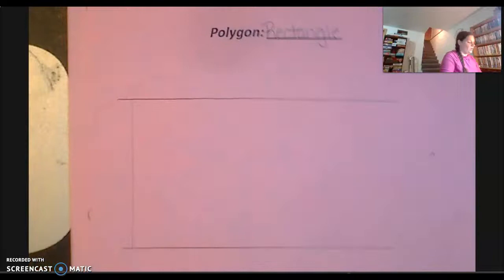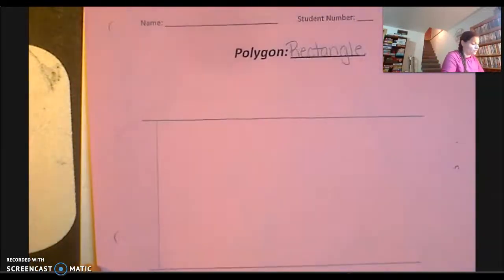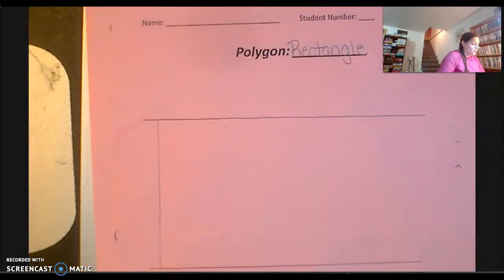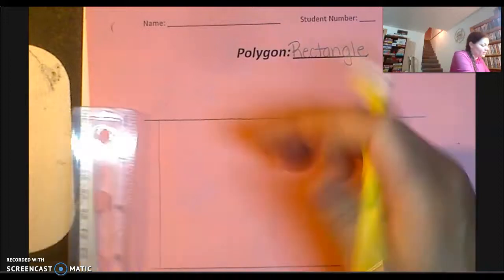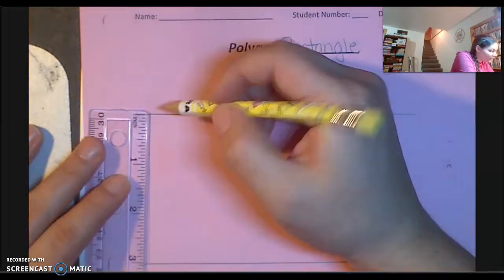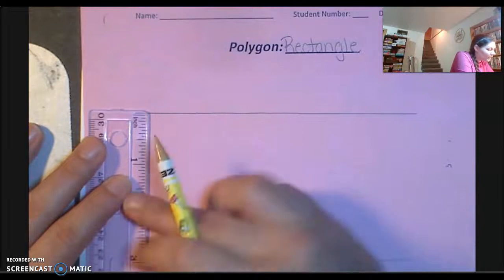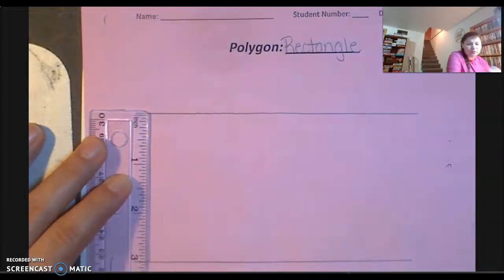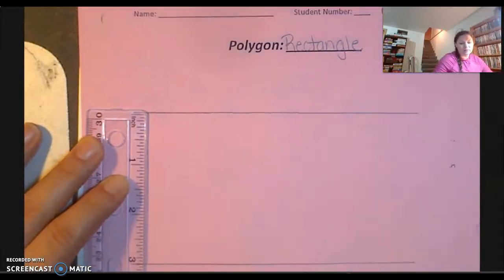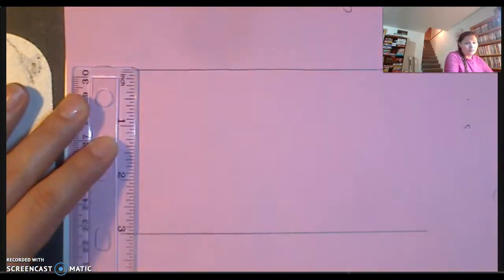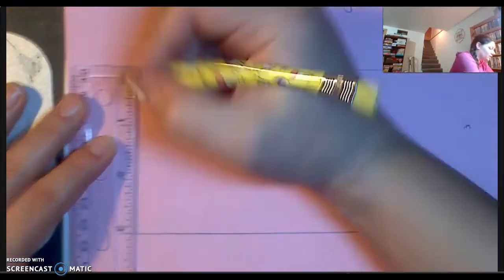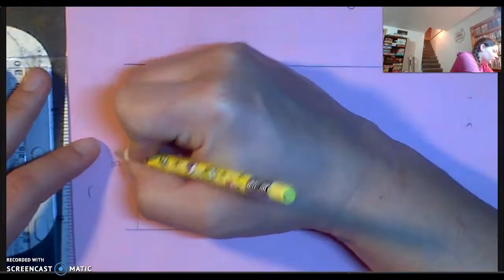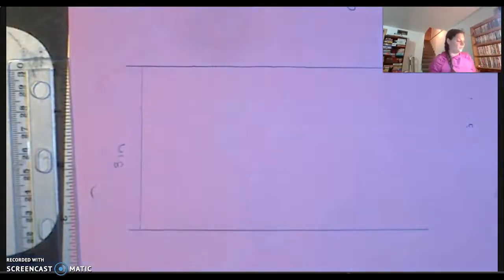So now I've already got most of my rectangle drawn. Here I have a straight line. We're going to go ahead and measure this side, and we can see, can you see it close enough there? It measures 3 inches. So here we're going to label 3 inches.